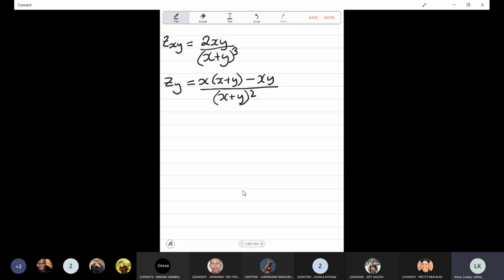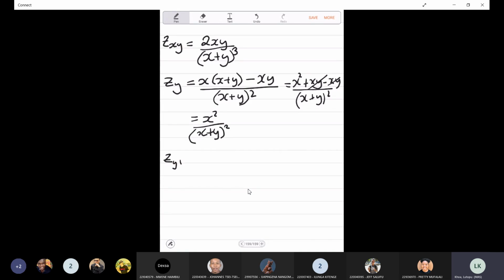Simplify this or multiply out the brackets. We have x squared plus xy minus xy over x plus y squared. Those two cancel, and I have x squared over x plus y squared.